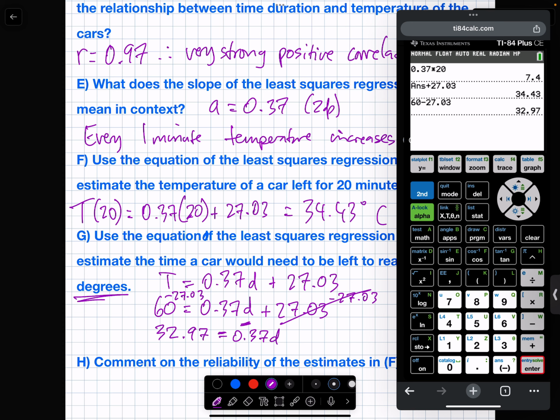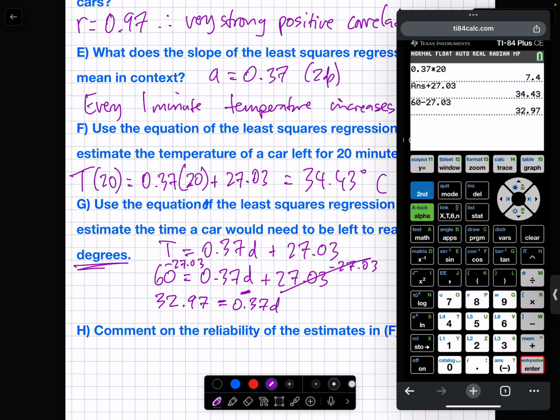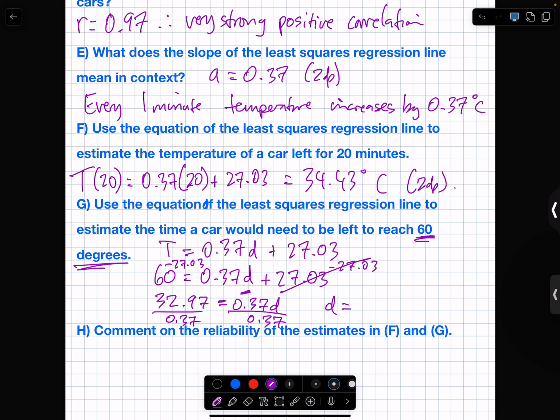What's that 0.37 doing to D? There's a sign in maths that we don't write in algebra. It's multiplying. What's the opposite of multiplying something by 0.37? Divide both sides by 0.37 to get D. So D is going to be 32.97 divided by 0.37, which is 89.11 minutes to 2 decimal points.